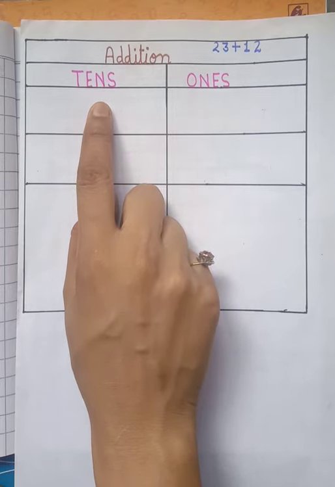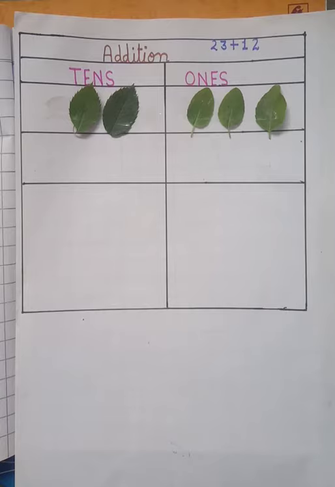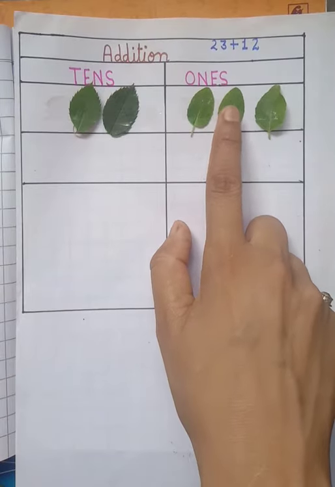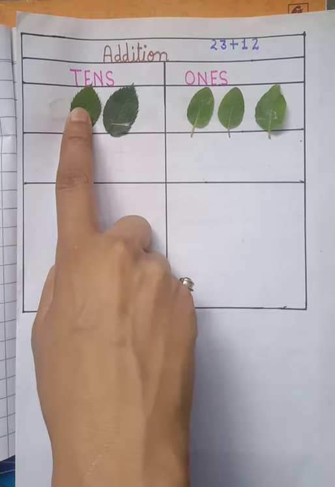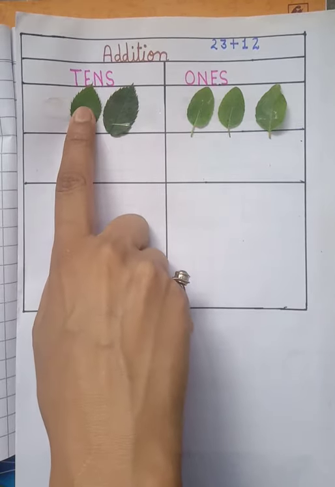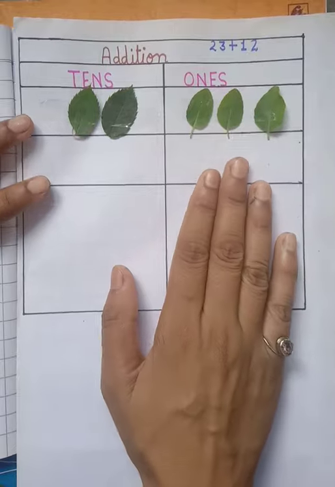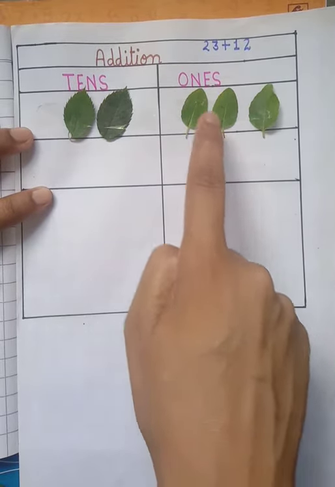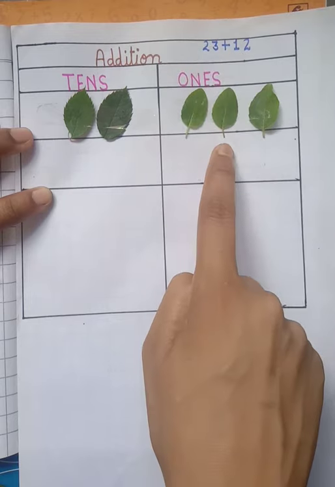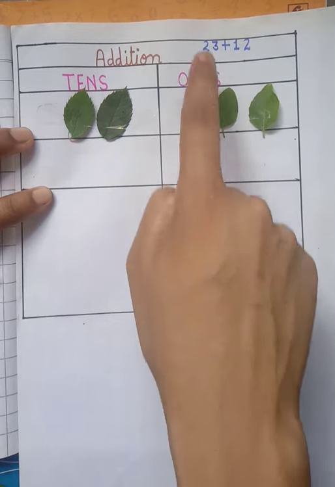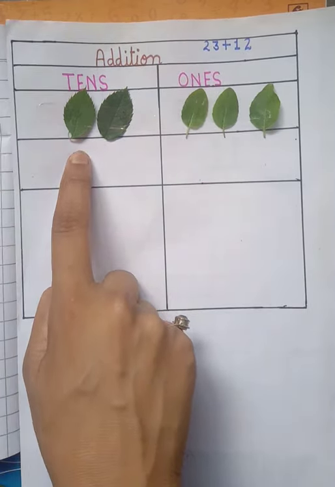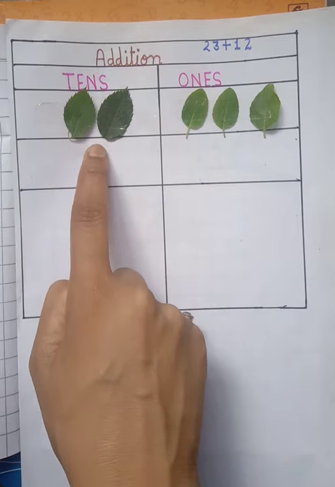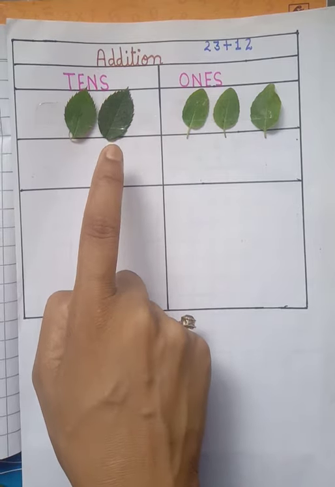Let's paste the leaves. Now you can see I have pasted 3 leaves of tulsi in the ones place and 2 leaves of rose in the tens place. Now next we will paste 2 leaves of tulsi in the ones place and 1 leaf of rose in the tens place. So let's paste the leaves.